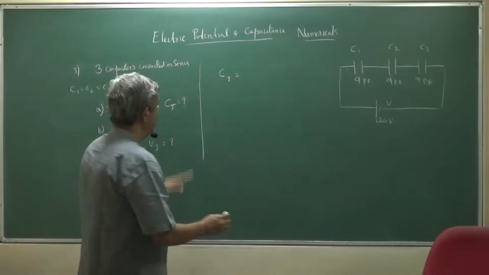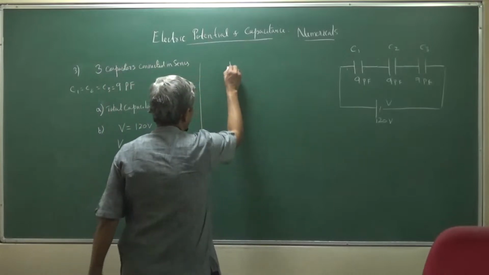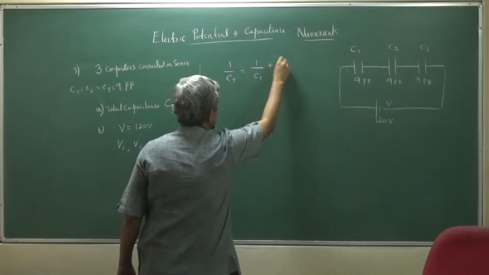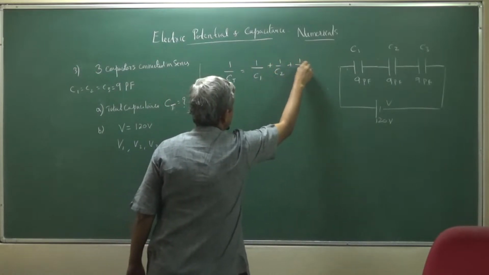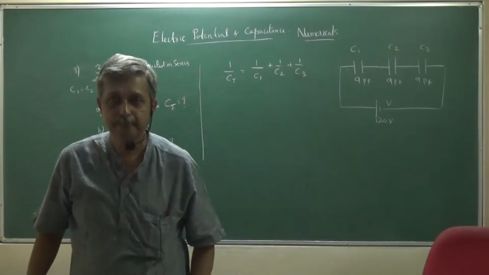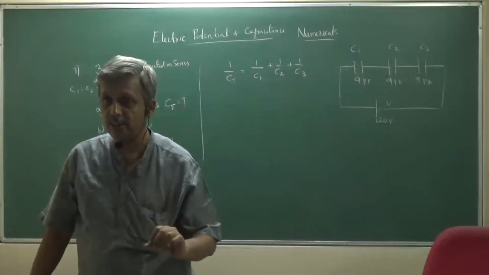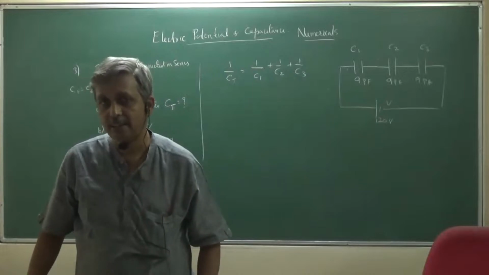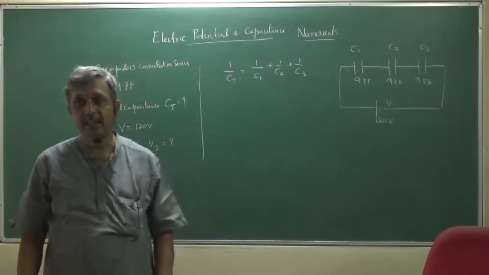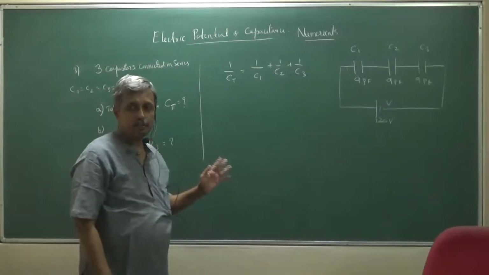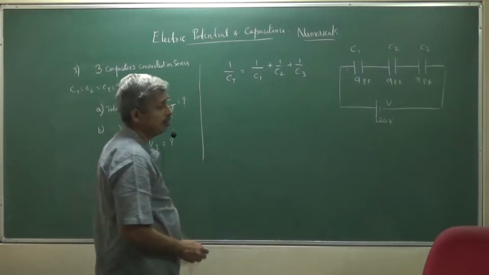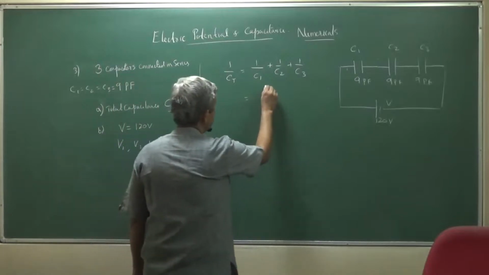We have the formula 1 by CT is equal to 1 by C1 plus 1 by C2 plus 1 by C3. This is for series capacitors. Whereas in resistors, we actually add when they are in series, but in capacitance we don't add. We take the reciprocals. So now 1 by CT is equal to this much. In our case, all of them are 9 only.